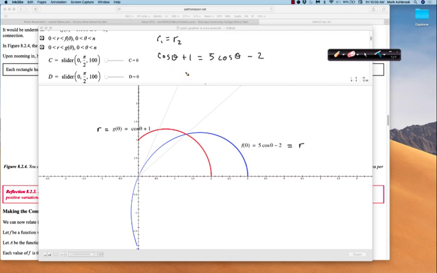So quickly, 4 cosine theta equals 3. Cosine theta equals 3/4. So theta is inverse cosine of 3/4. That's that light gray line that I'm showing you; the inverse cosine of 3/4 is that angle.